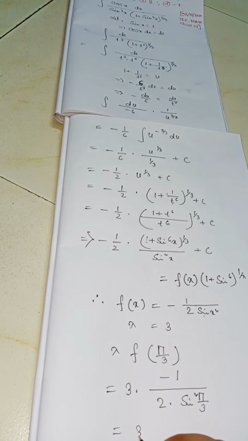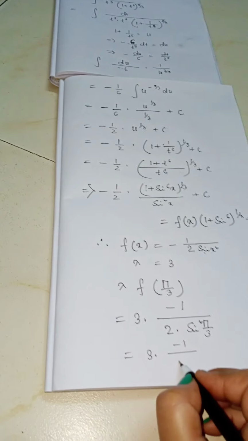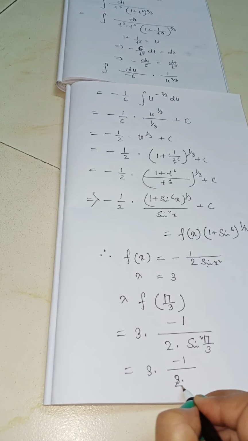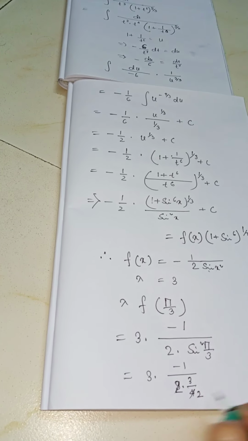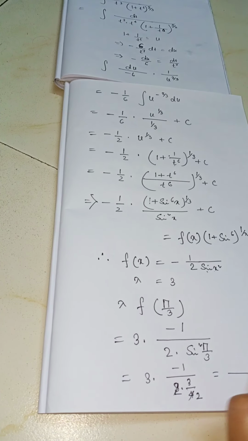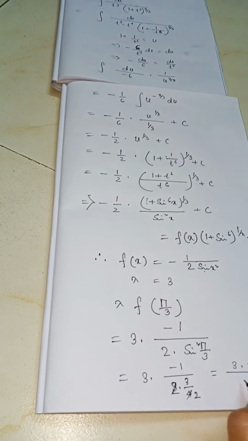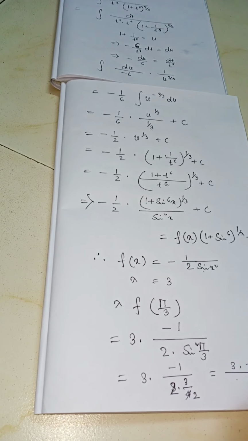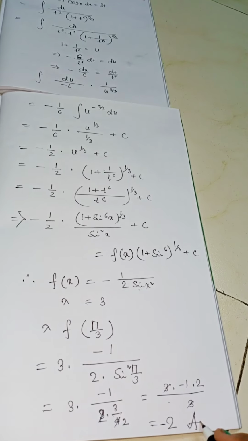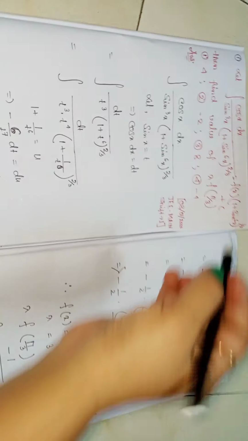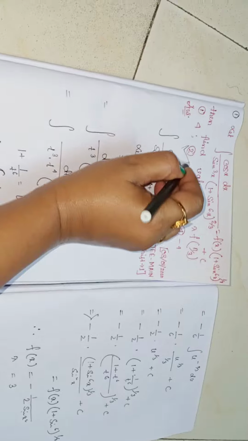So it becomes 3 into minus 1 by 2 into 3 by 4, which gives 3 into minus 3 by 8, and our answer is minus 9 by 8. This is our required answer, and our option is option 2.